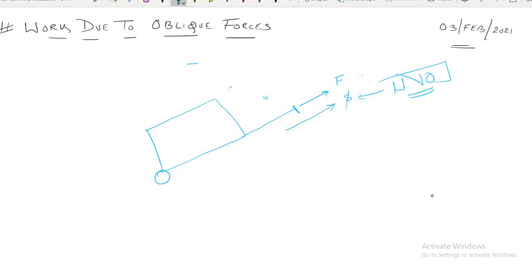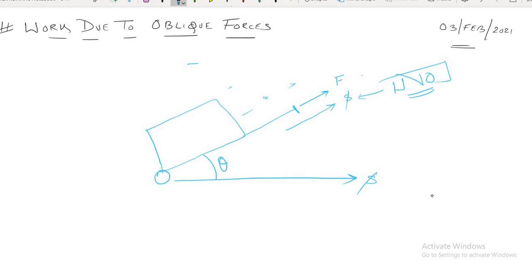Because if the trolley goes along the direction of force, that means the trolley will move upward in the air. This doesn't happen. What happens is the trolley moves along the horizontal direction like this. So the force and the displacement both make an angle theta between them.